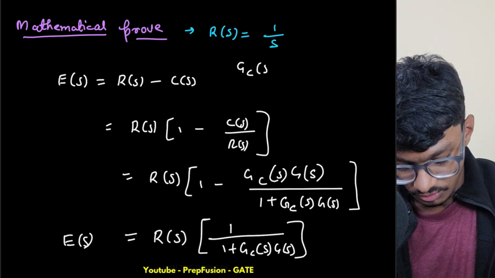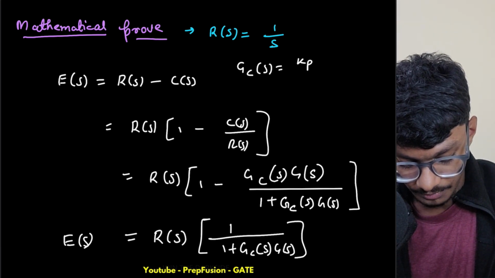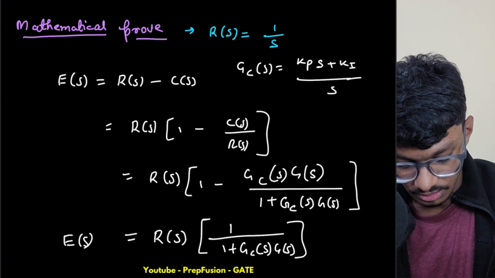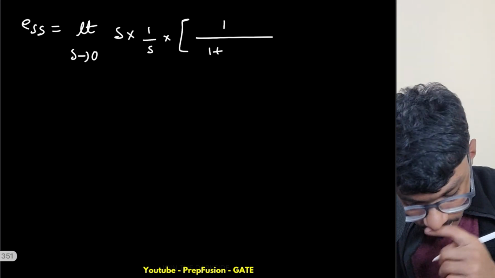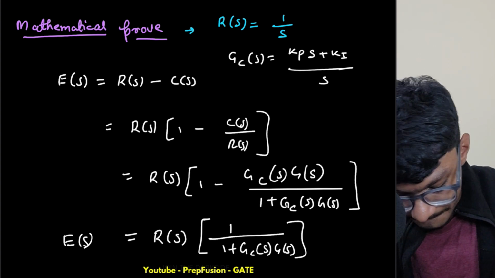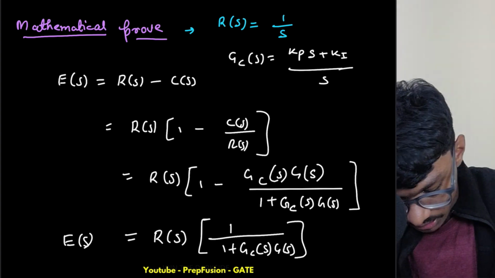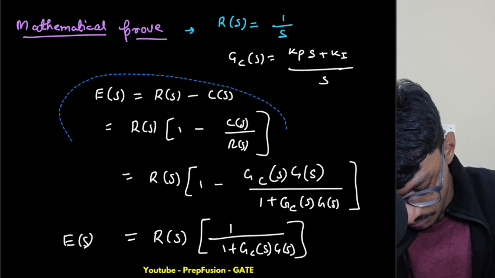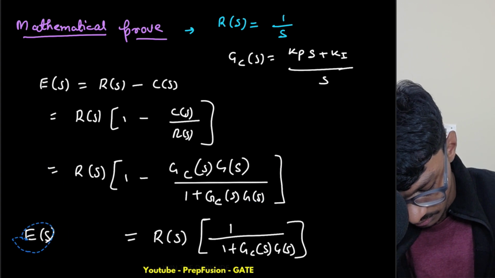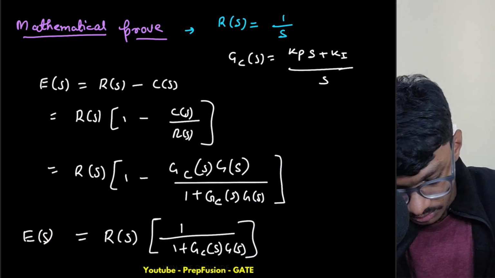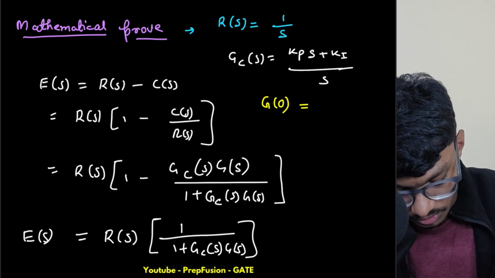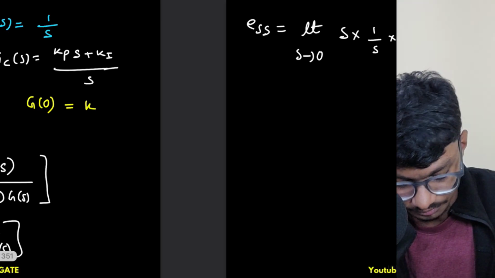GC of s is simply Kp plus Ki by s. Now G of s is something we don't know, so we write the information that G of 0 is equal to some constant K.